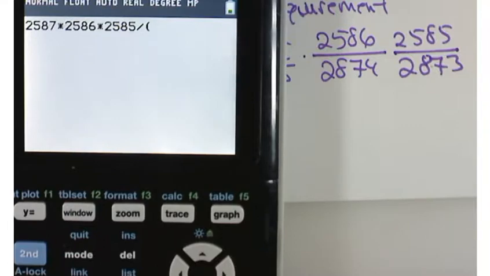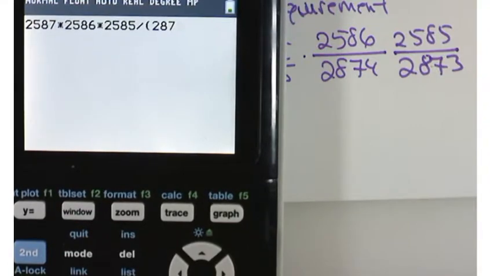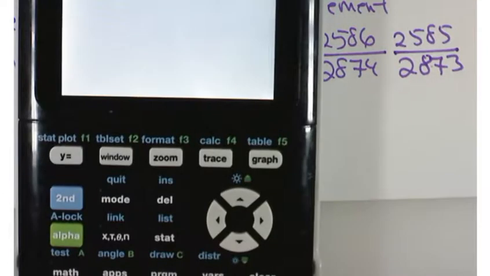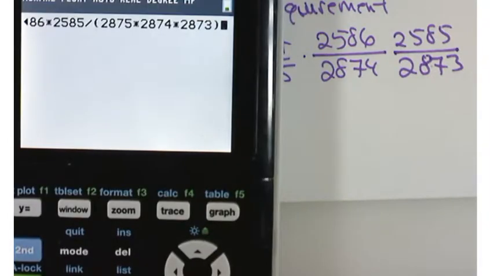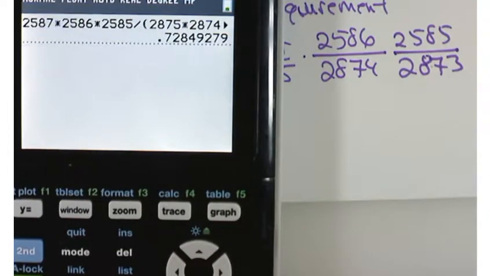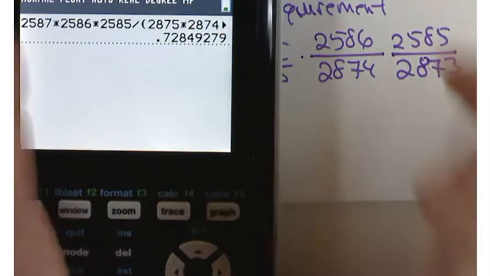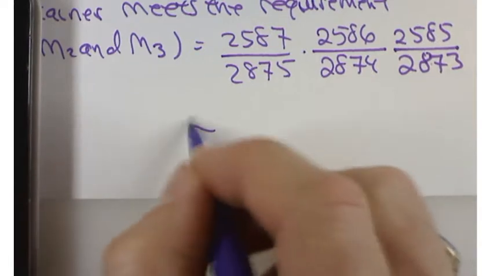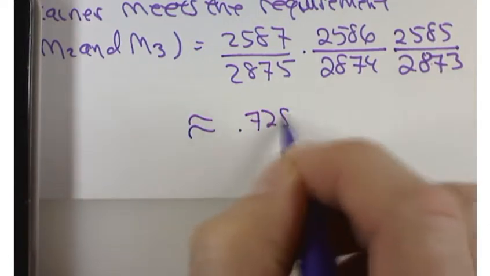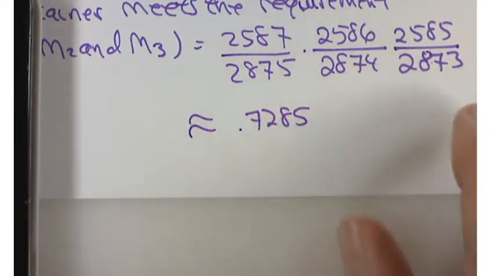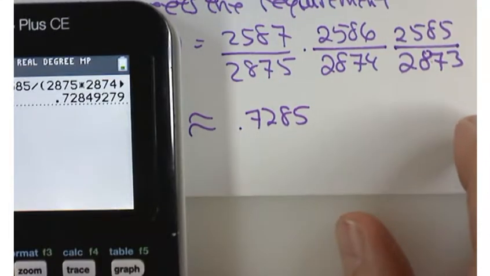Divided by 2875 times 2874 times 2873. So I'm getting 0.7285, approximately speaking. You guys getting the same thing? Okay, good.